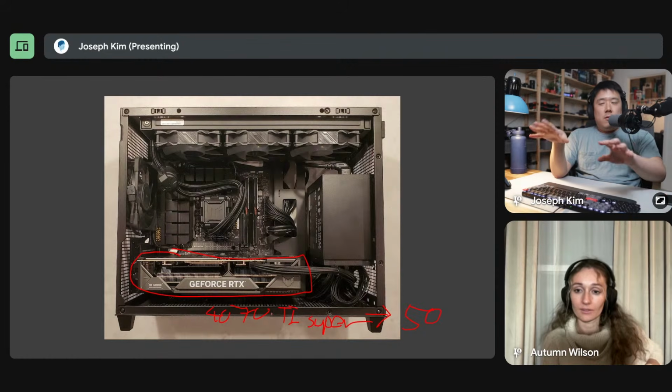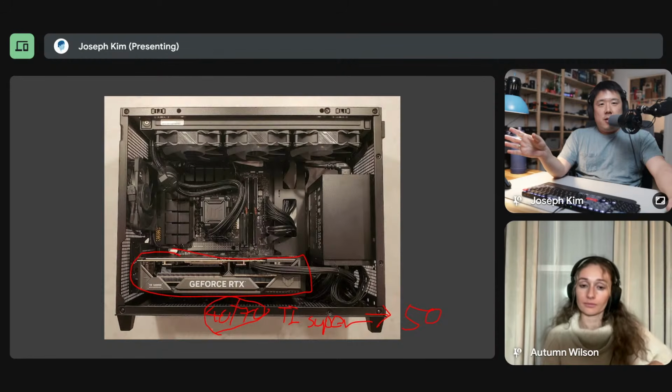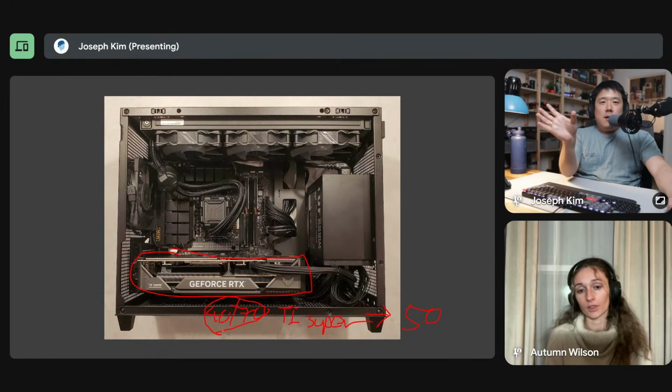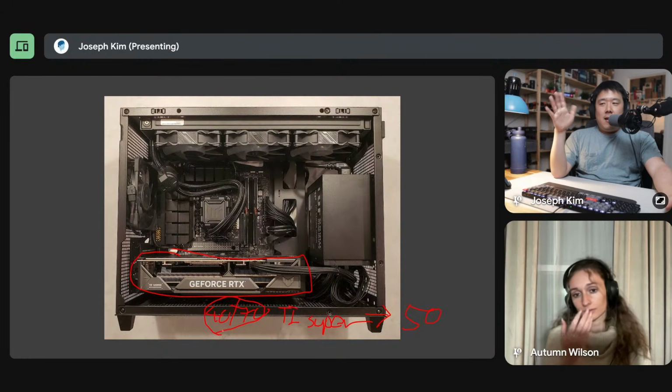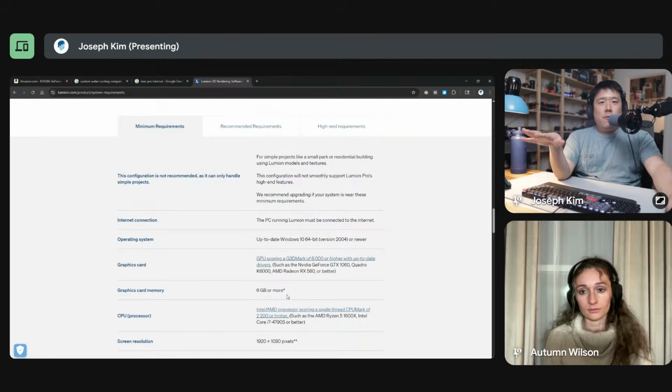But those two numbers will basically tell you the generation of the card, and then the tier of the card. So generally the 60, 70, 80 range in terms of the tier is pretty good, with more performant cards there.